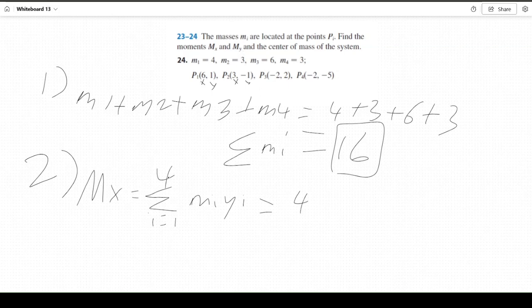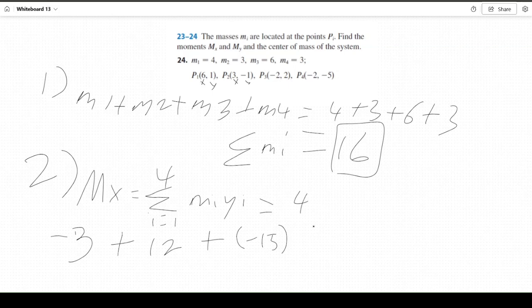You basically do the same thing for everything else. So 3 times negative 1 would be negative 3, and 6 times 2 would be 12, and 3 times negative 5 would be negative 15.